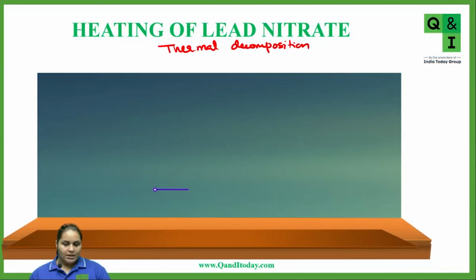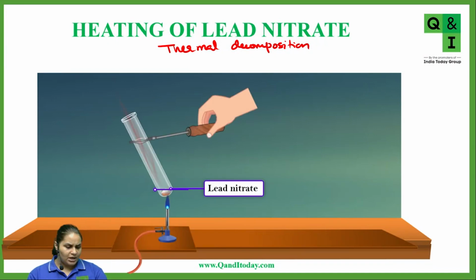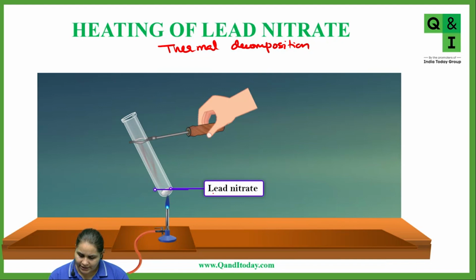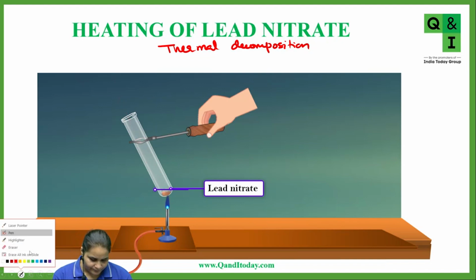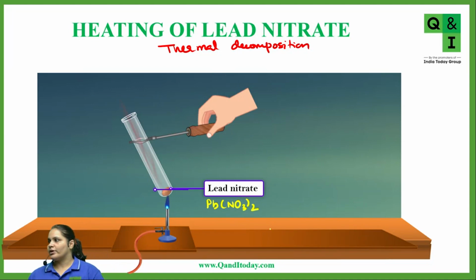Okay, so thermal decomposition of lead nitrate, where we are heating lead nitrate. You can see lead nitrate is actually transparent, colorless crystals, right? And what is the formula of lead nitrate? Pb(NO3)2.